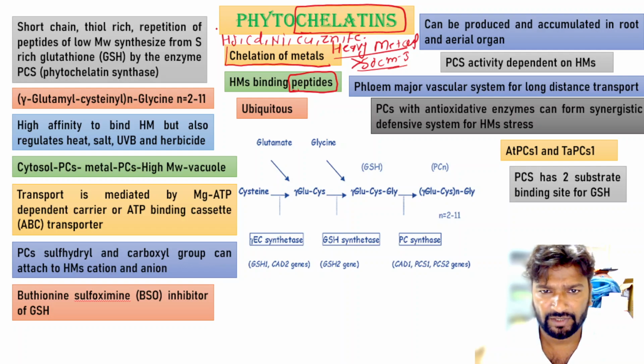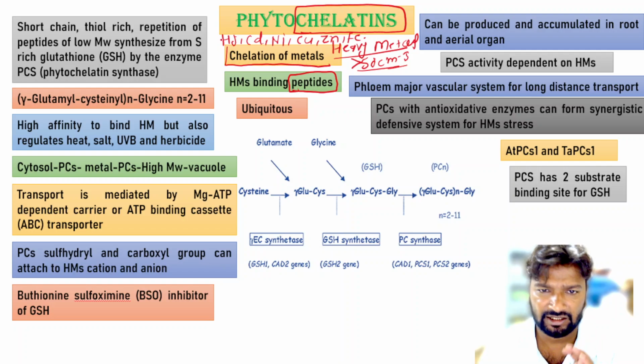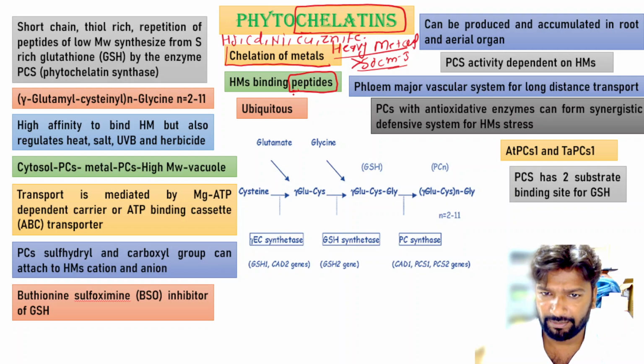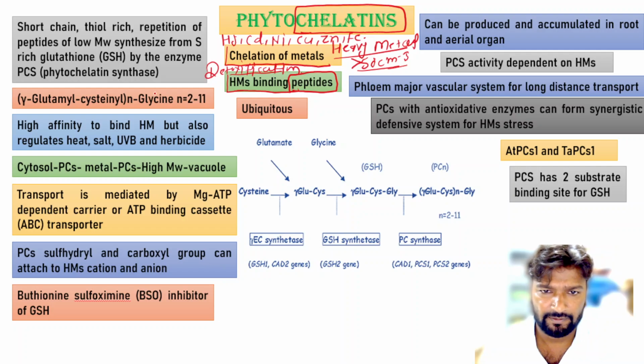These are the heavy metals, and when these elements are in excess in the soils, they cause heavy metal stress. Okay, so phytochelatins are the peptides which have an important role in the binding and detoxification of heavy metals.